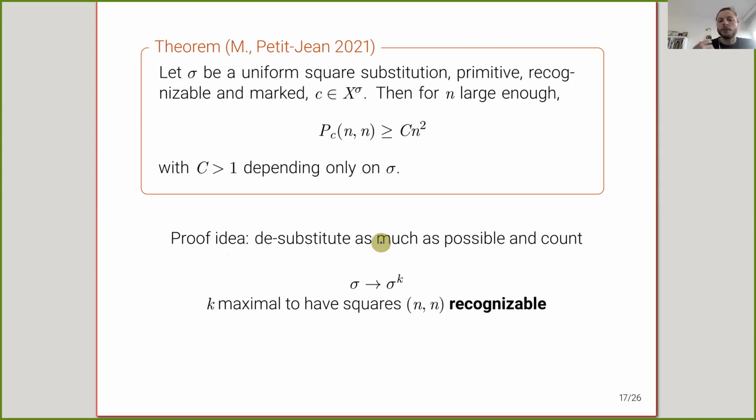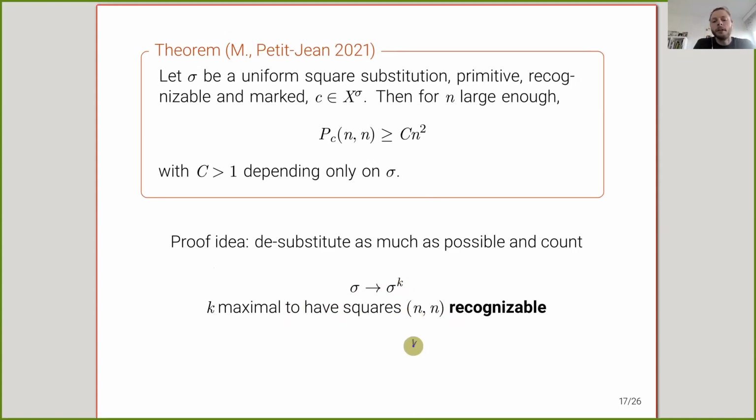So to desubstitute as much as possible in just one step, instead of considering the substitution sigma, I will consider sigma to the k, the k-th iteration of sigma, with k the biggest possible such that all n by n squares are recognizable, so n bigger than rho k, which is the constant associated to sigma k.